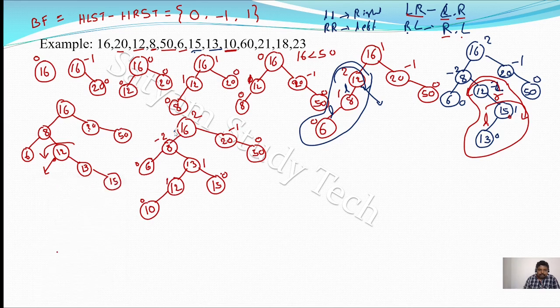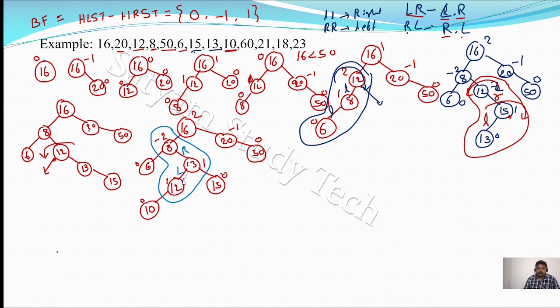Whenever you add 10 here, after adding 10 it is not balanced. So you can see what the problem is here. It is the right, and here it is left, RL.